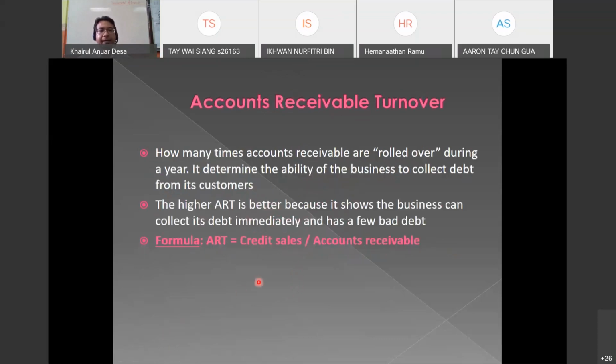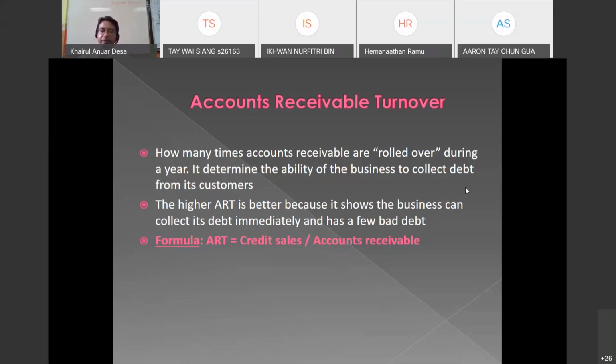Okay, account receivable turnover. How many times account receivable is rolled over during a year? That means the ability of the business to collect debt from its customers. Account receivable turnover is better because it shows the business is able to collect debts immediately and has few bad debts.